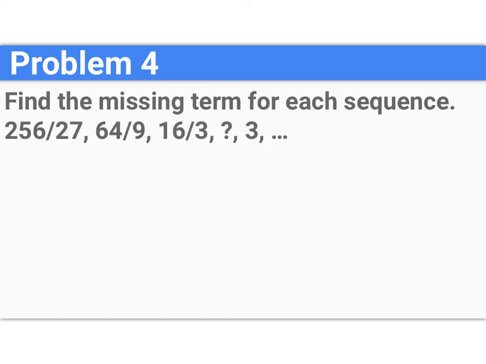Okay, so let's look at problem 4. Let me rewrite these fractions. So 256 over 27. And then we got 64 over 9, and then we get 16 over 3. And then we don't know what's here, and we know that 3 is here. So to go to 9, you have to divide by 3.